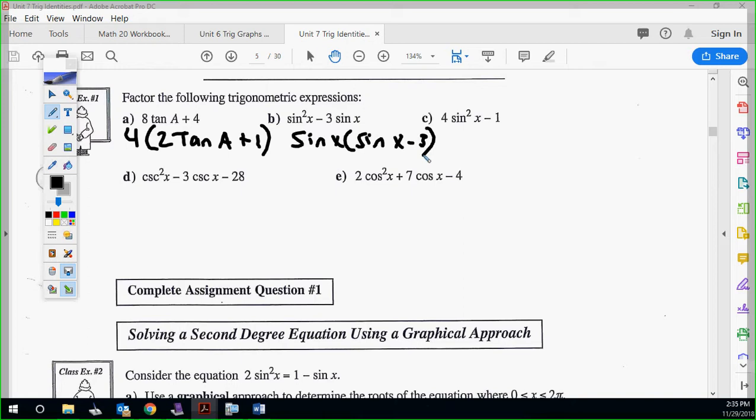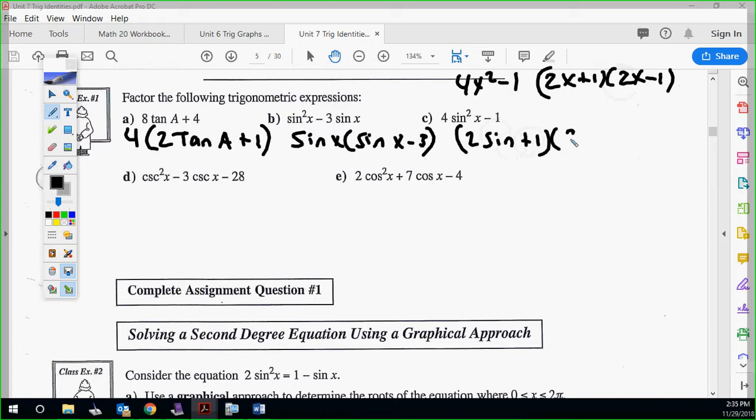Think about it this way: if it was 2x plus 1, 2x minus 1. So this is 2 sine plus 1, 2 sine minus 1, with the sine x in front, of course, thank you. Sine x, 2 sine x plus 1, 2 sine x minus 1.